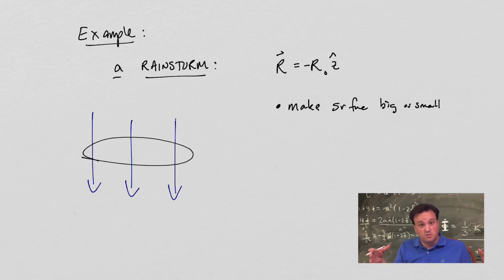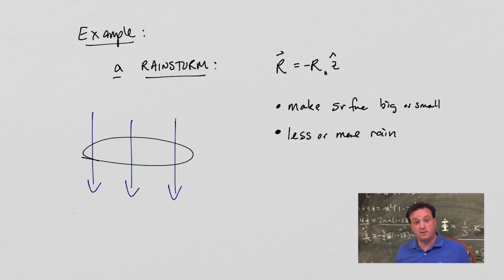If I change the cross-sectional area of my surface, I'm going to change how much water, how much integrated field strength I get. I could also make it rain less, right? That is, the strength of the rain is going to tell me how wet am I going to get, right? So these are the two obvious ones.